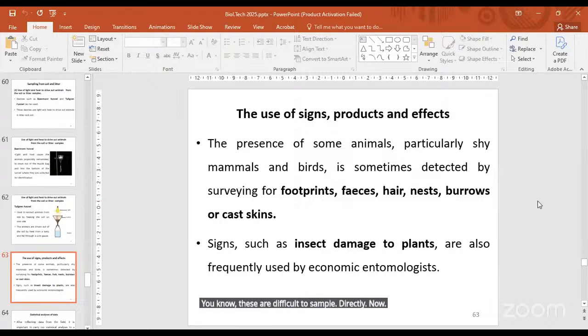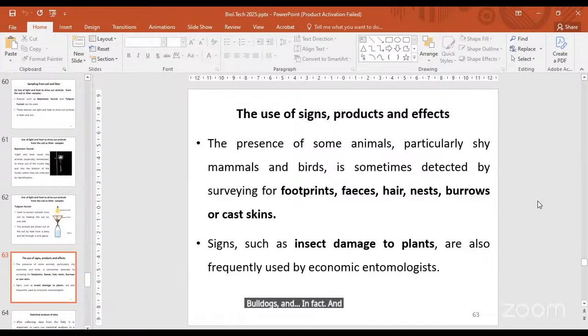Now, what can you do? You can use indirect ways to sample them, like footprints, like feces, like hair, like nests, like burrows, or even like cast skin, as in the case of snakes. So this is what is meant by use of signs, products, and effects.